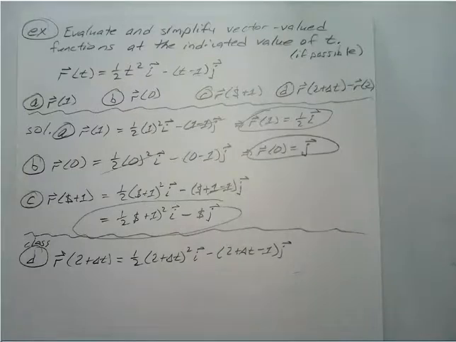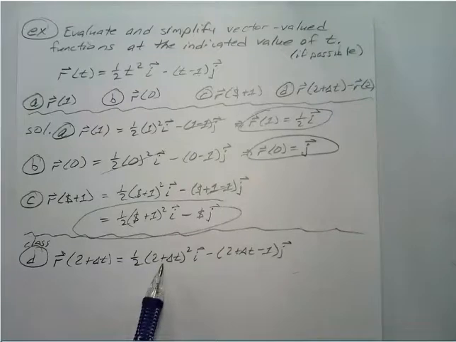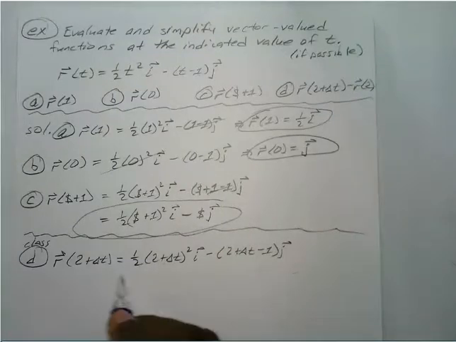Now for this one, I forgot to do that. We're going to go ahead and factor that out. We left the last one like that, but this one we're going to factor out to simplify it.